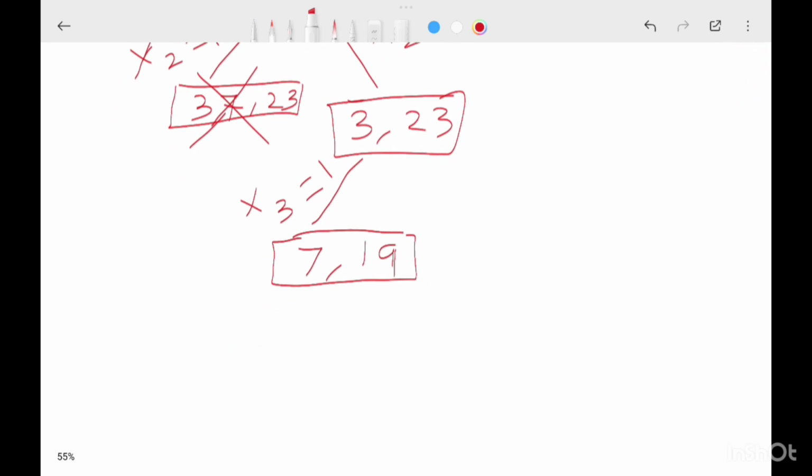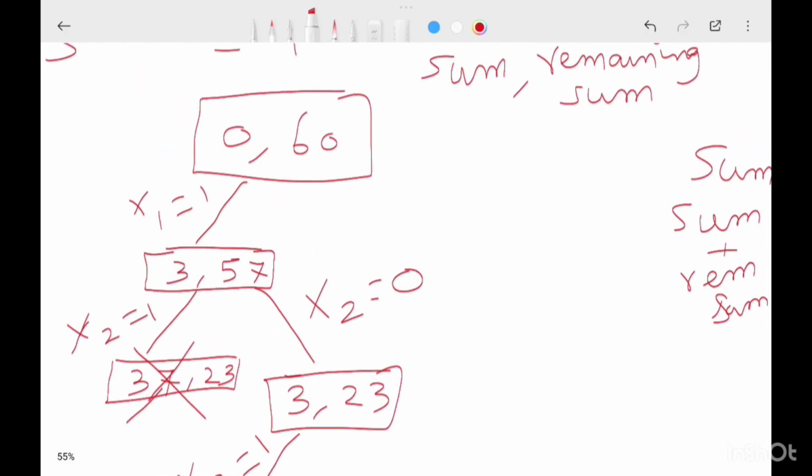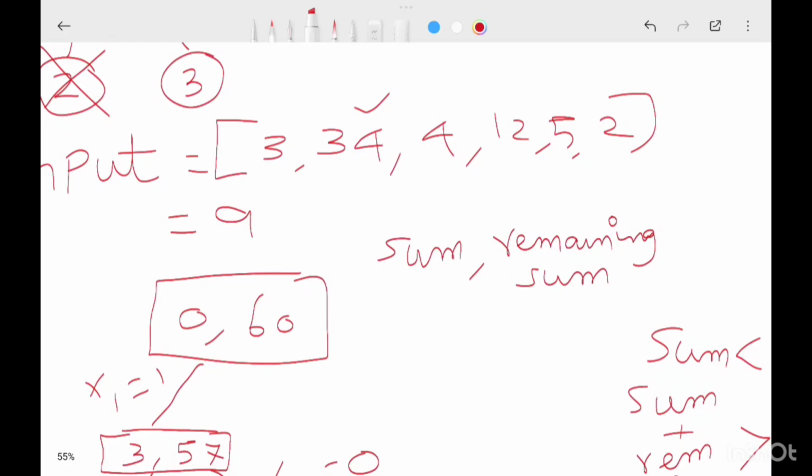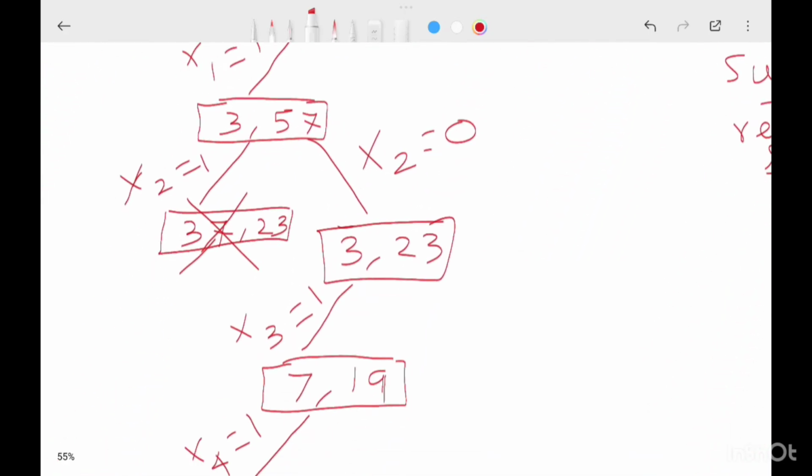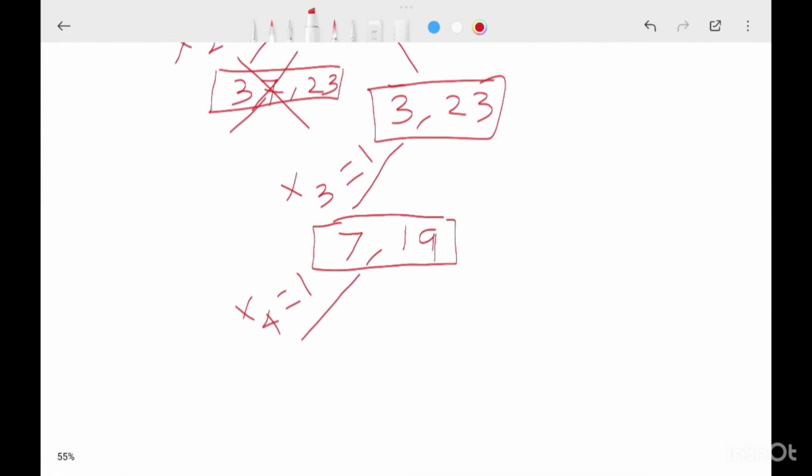From this I am moving to the next possible state, that is inclusion of the fourth element. The fourth element value is 12. So I am trying adding the fourth element 12. Already the sum is 7, so now adding 12 will be 19.